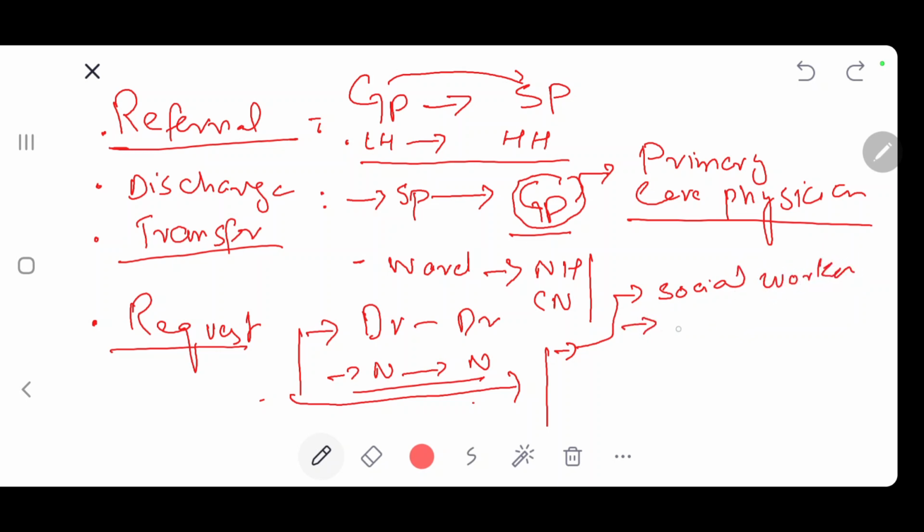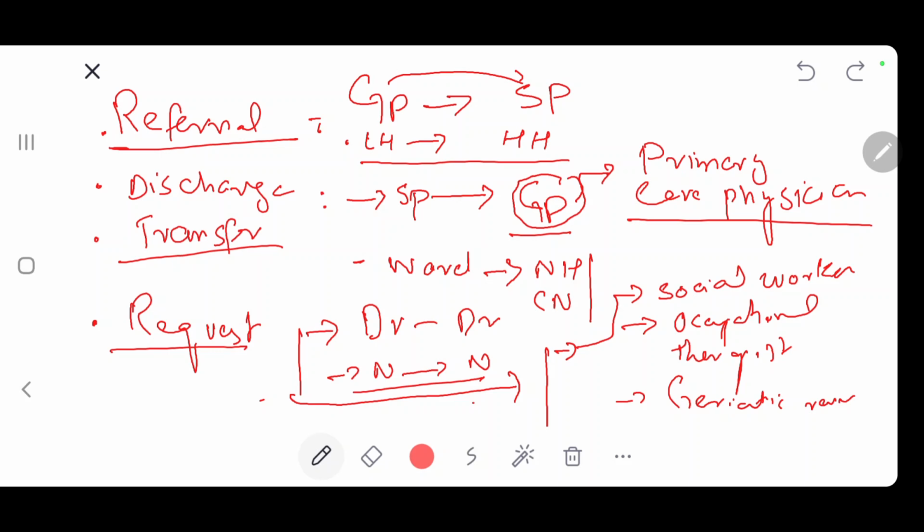You might be writing to an occupational therapist, or for the writing review, for the Department of Veteran Affairs, and so on. So these are the letters of request that we can expect in OET writing.